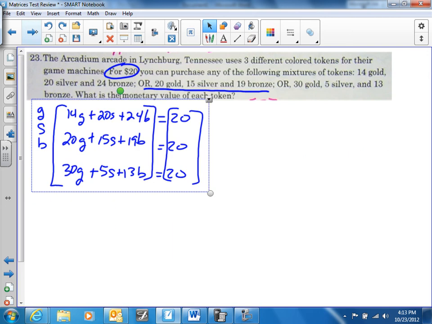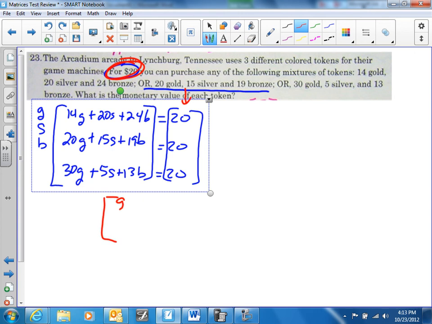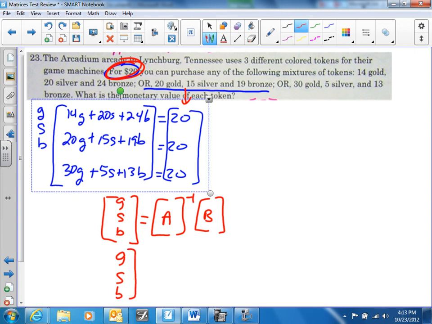All right, the next one, number 23. Again, we're going to set it up. Notice that they're all for $20. So simply what it's going to happen is gold, silver, bronze equals, again, matrix A times matrix B. And in this case, gold, silver, bronze comes out to 0.5, 0.35, and 0.25.